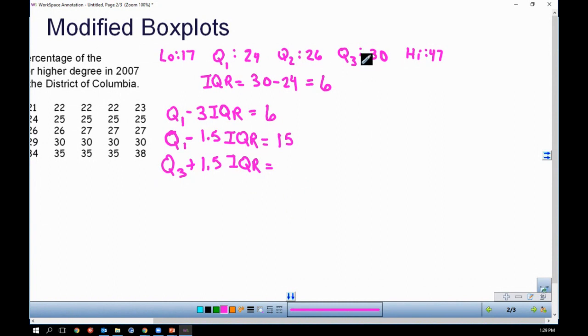Q3 is 30, so 30 plus 9 is 39. And then Q3 plus 3 IQR, which gives us, 3 times 6 is 18, 48.